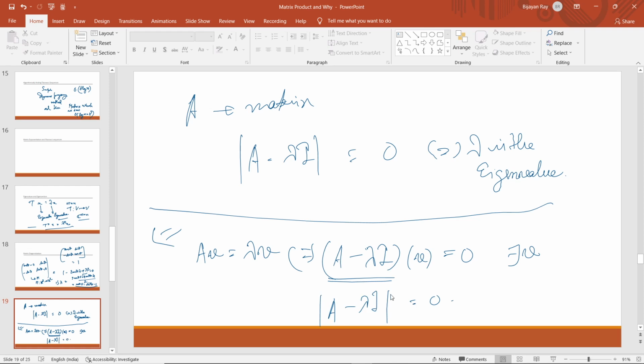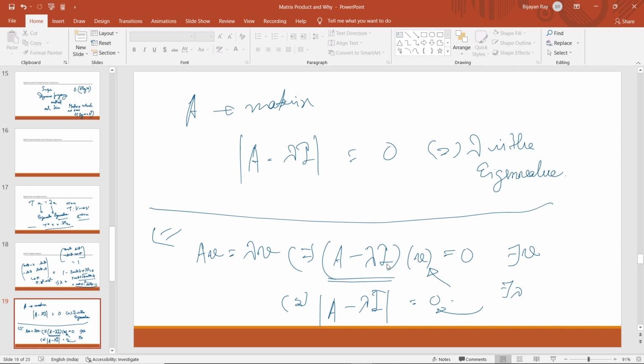And now suppose, if and only if, now suppose this happens. There exists lambda such that this happens. Then there will exist a v again, since the determinant of a matrix is 0 if and only if the matrix is singular, that is, non-invertible.